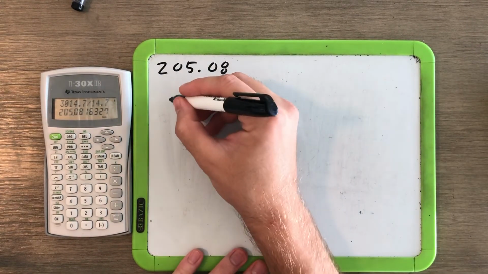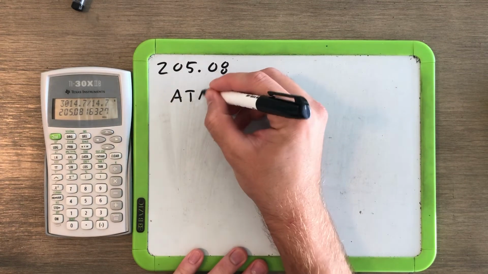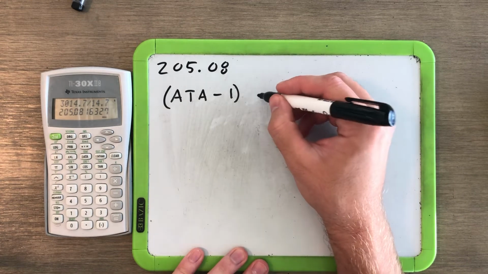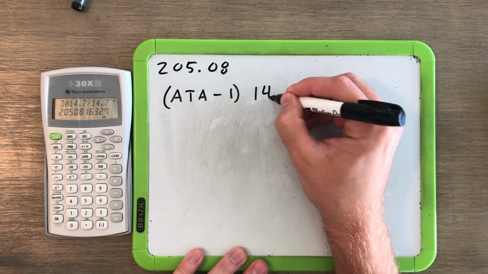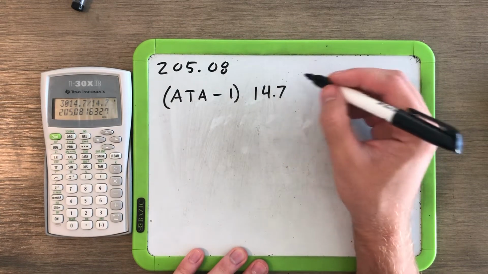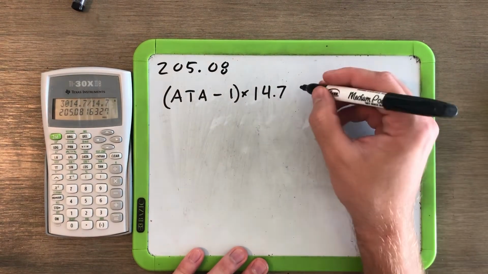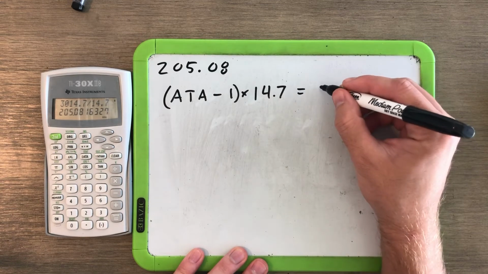So that equation is going to be ATA minus 1 multiplied by 14.7. And that's going to give us our final answer in PSIG.